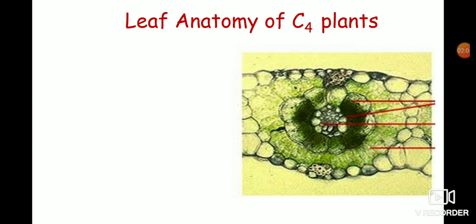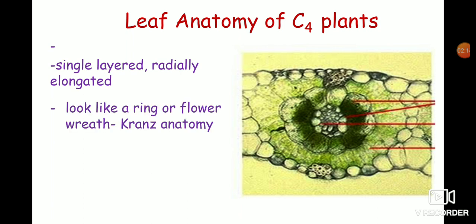The bundle sheath cells are single layered, radially elongated, and surround the vascular tissue. As they look like a ring or a flower wreath, this type of anatomy is called Kranz anatomy.